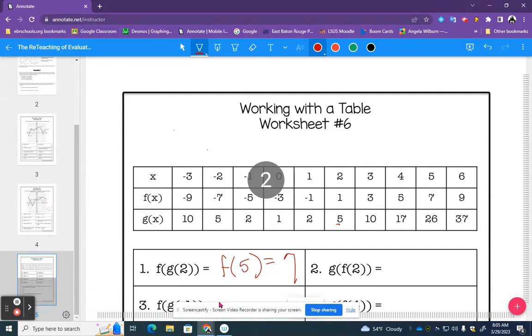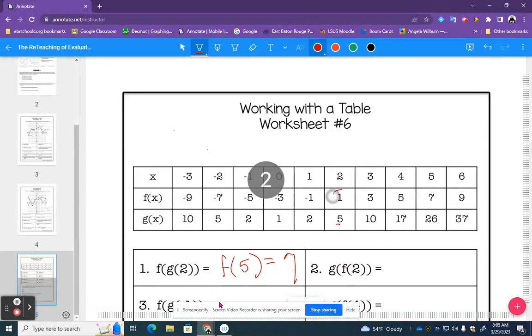Do it again. Do another one like that. Okay, so this one's g of f of 2. So I'm going to go to f of 2. Here's 2. This is the f function.